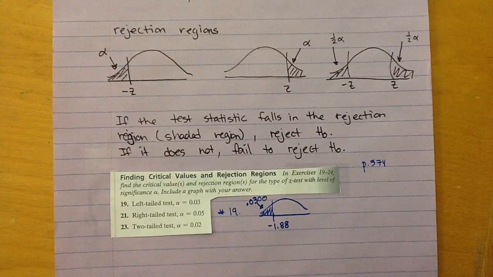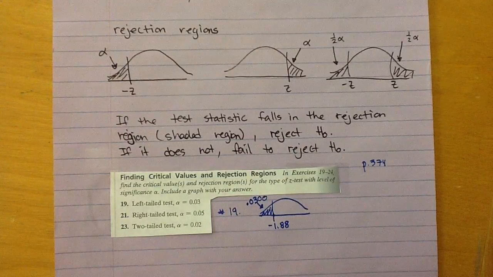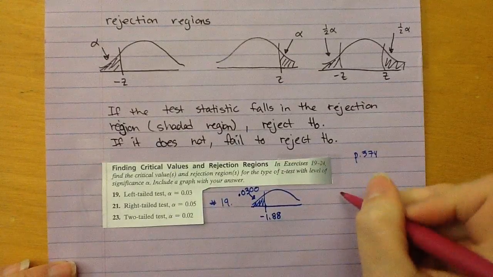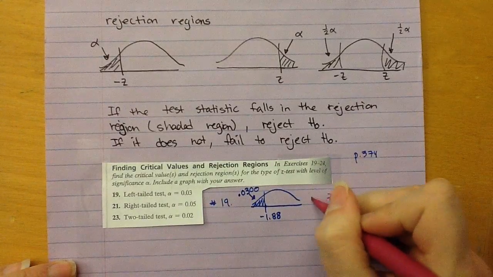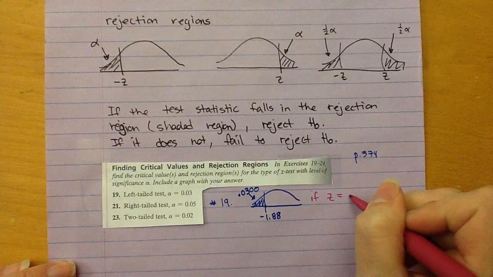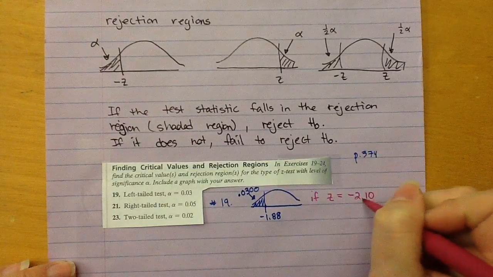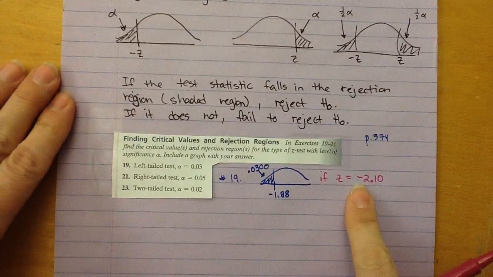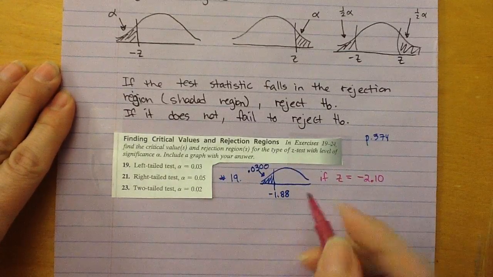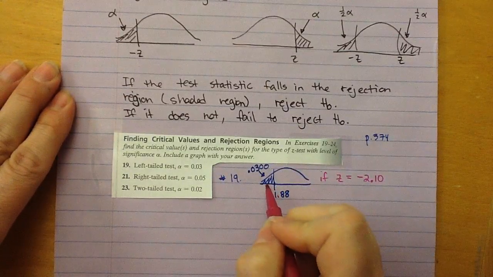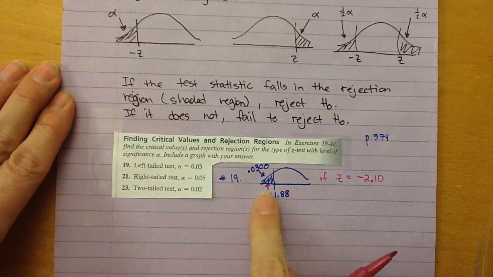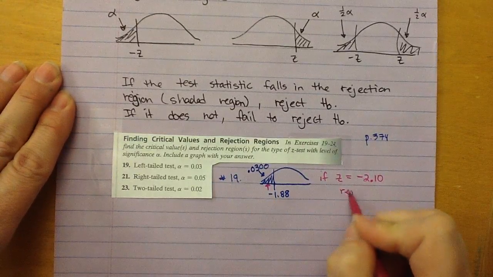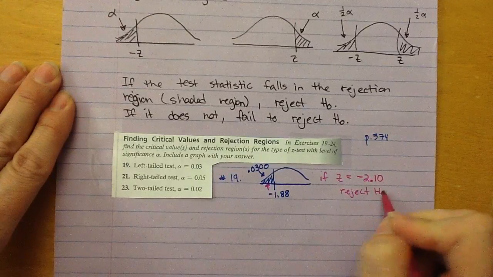Now, here's the thing. Let's say we were doing a problem and we found our standardized test statistic to be z equals negative 2.10. Then what I do is I place that z-score on this scale. Since it's a more negative number, it would be right in here. And since that's in the shaded region, I would reject H sub 0.